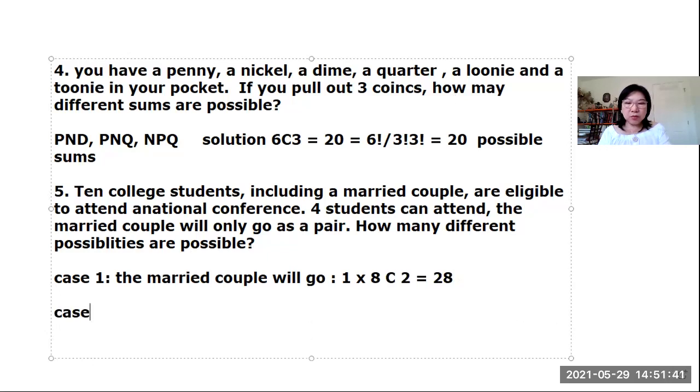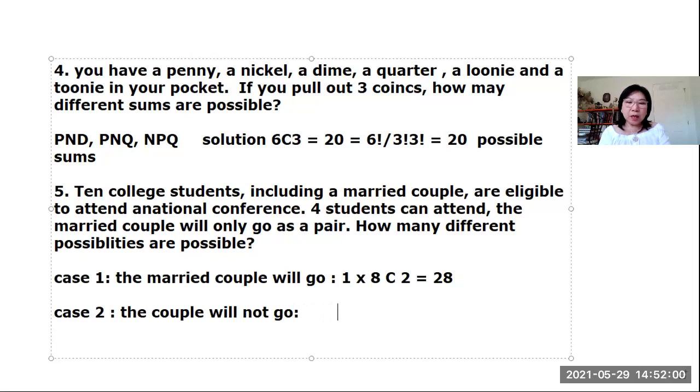Now, in case 2, the couple will not go. So in case they do not go, how do we count?